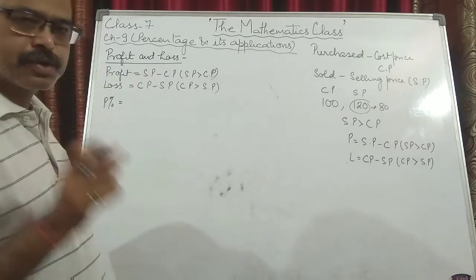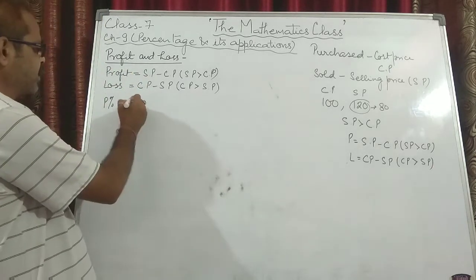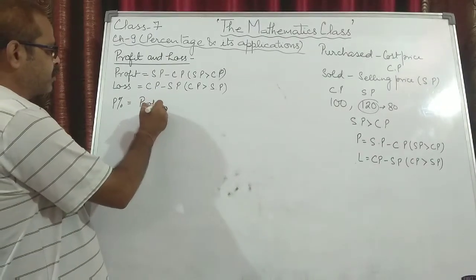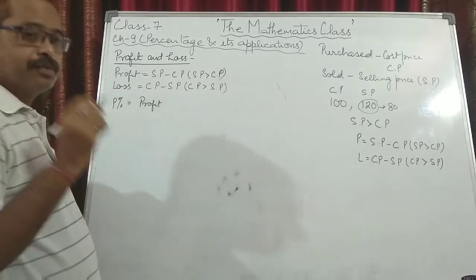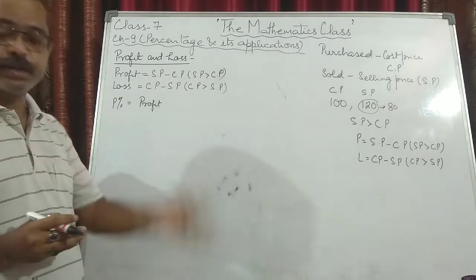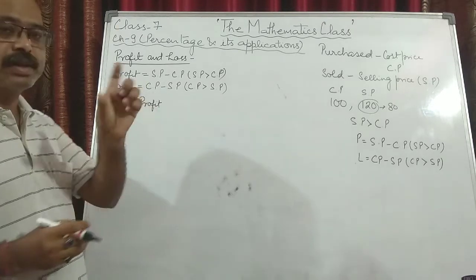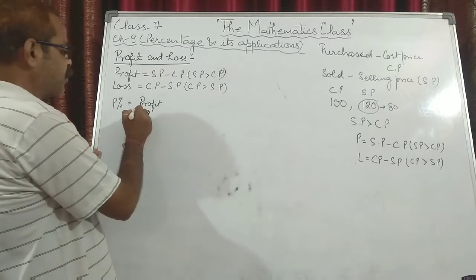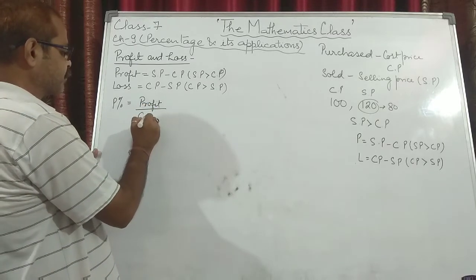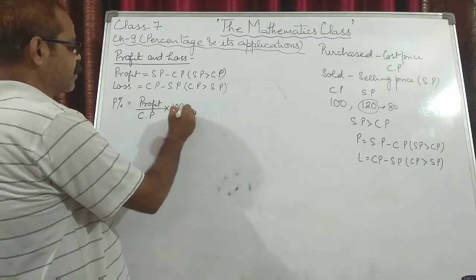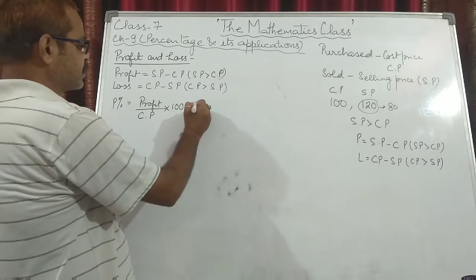So even from the percentage point of view, profit is the change in the price. So profit upon cost price into 100 is the profit percent.